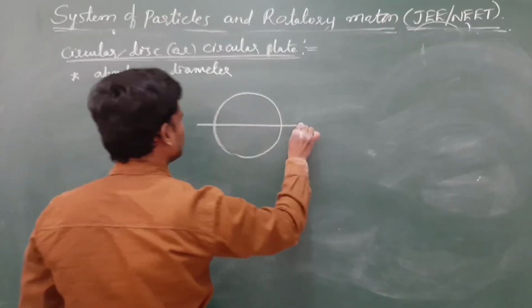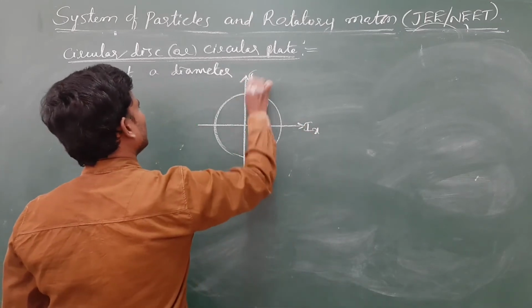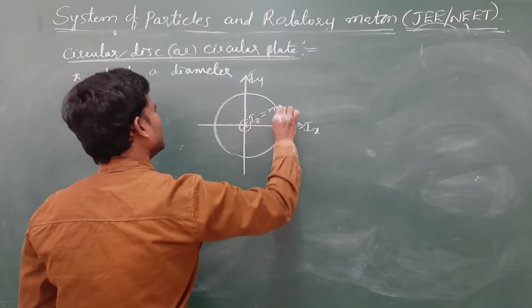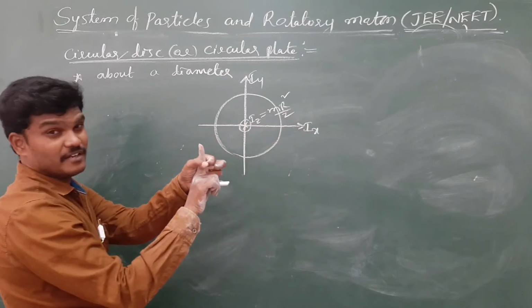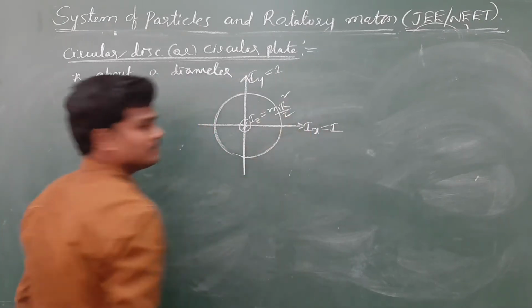This is one axis, Ix, this is another axis, Iy, and Iz, just now calculated, is m r square by 2, perpendicular to the plane. Due to symmetry, these two are equal.